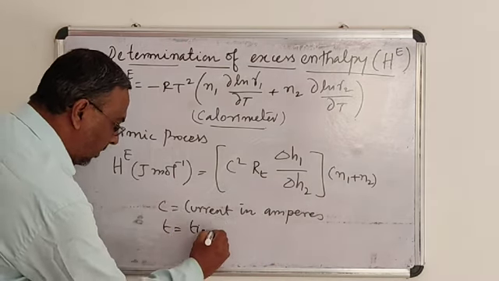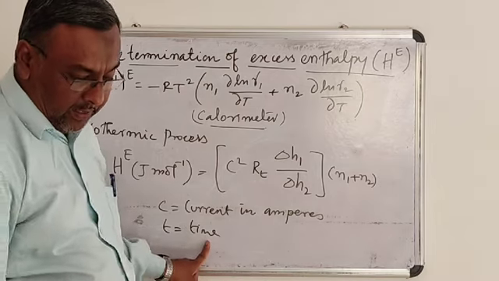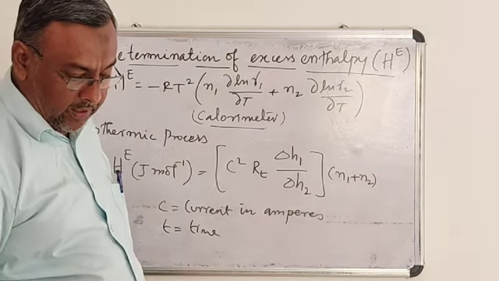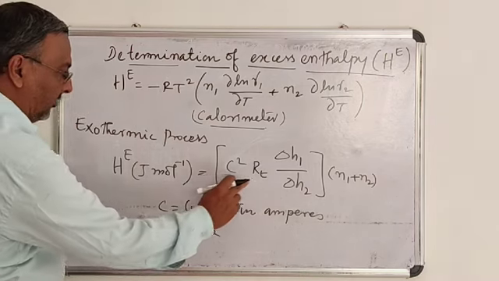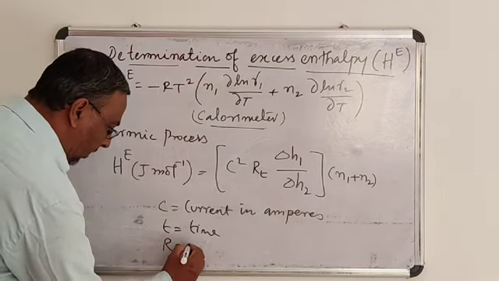Current is passed through the calorimeter, and how much time you have supplied is given by T, and a heater of resistance R. R is the resistance.